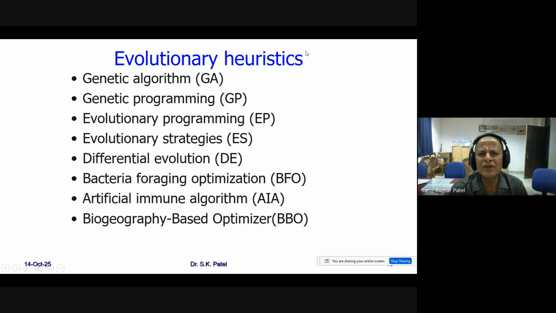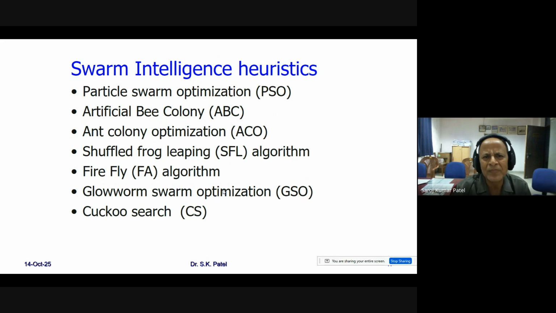Under evolutionary methods, the methods are genetic algorithm, genetic programming, evolutionary strategies, differential evolution, bacteria foraging optimization, artificial immune algorithm, biogeography based optimizer. They are all based on biological evolution phenomena.